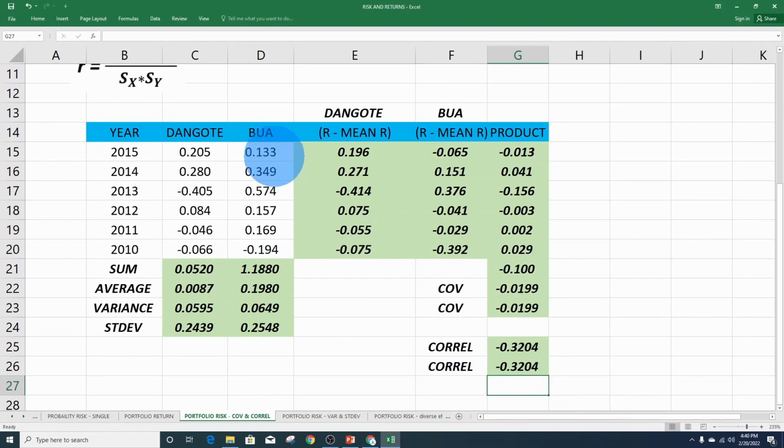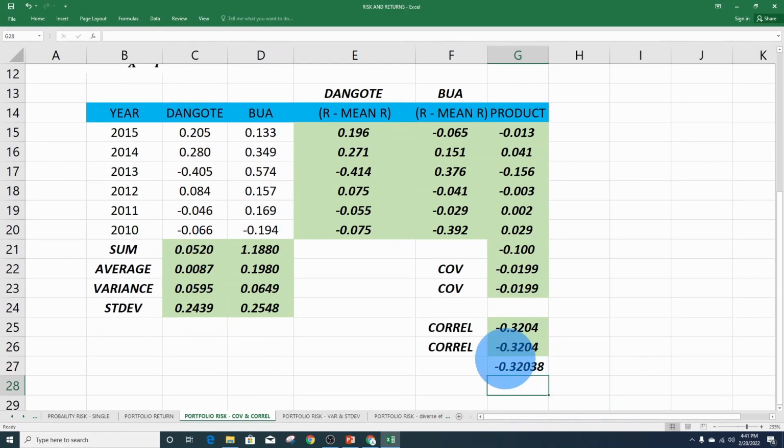So you can select any one first, you get the same answer. Let me demonstrate. Equals CORREL, array 1 Bua, comma, array 2 Dangote, enter. You can see the answer is the same. Anyone you select as the first array, the correlation between them will also be the same. The same thing goes with the covariance.